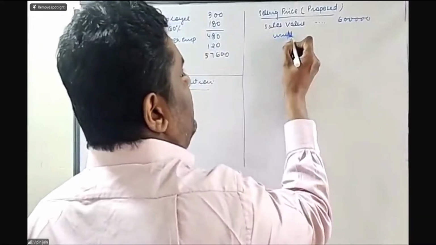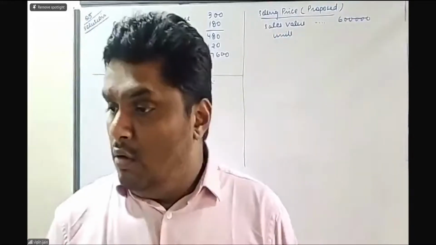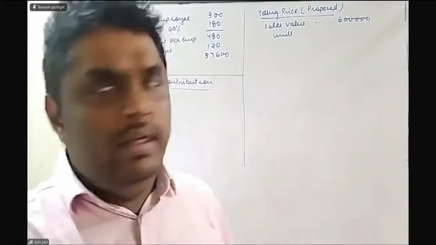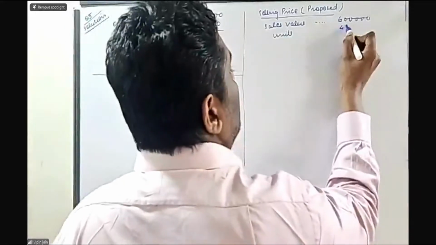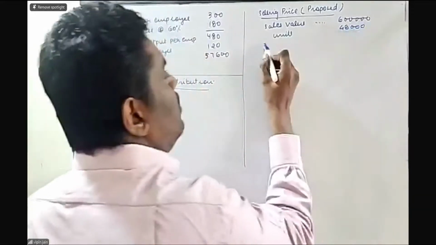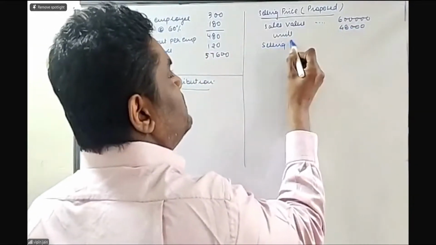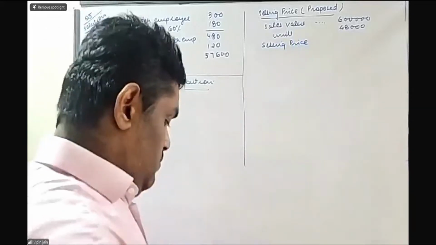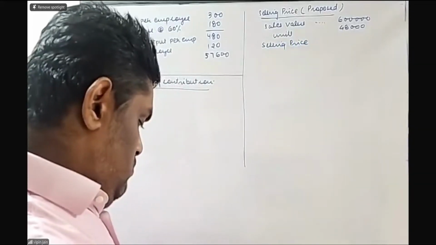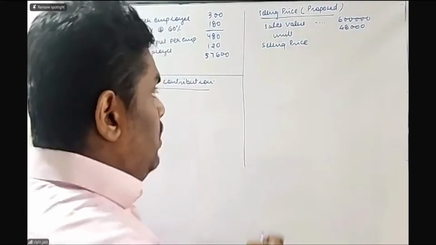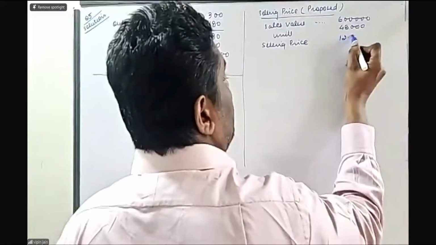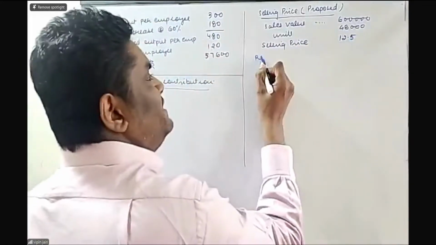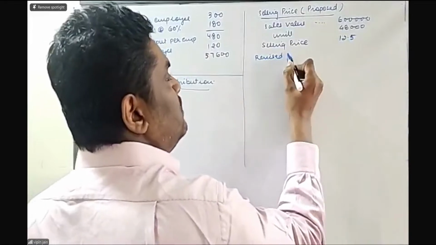My units are currently how much? 48,000 units. So what is my current selling price? 12.5. So my revised selling price will be how much?